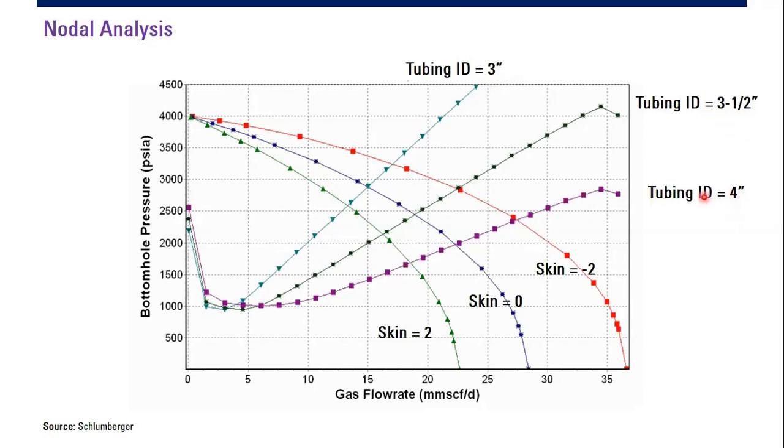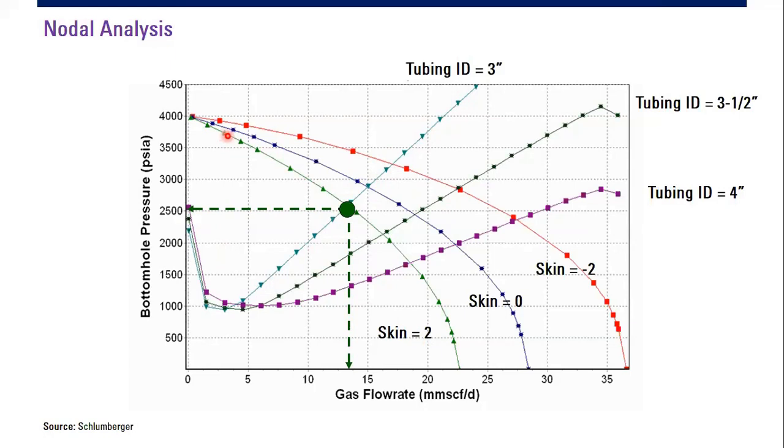Of course, the 4 inch tubing will give us a higher flow rate, which is why the shape of the VLP will be like this, whereas the 3 inch tubing, the smallest, will give us the smallest flow rate, which is why that VLP is shown by this blue line. So we have 3 IPRs and 3 VLPs. Let's say we use a tubing of 3 inches and we have formation damage, so we have a skin factor of 2.